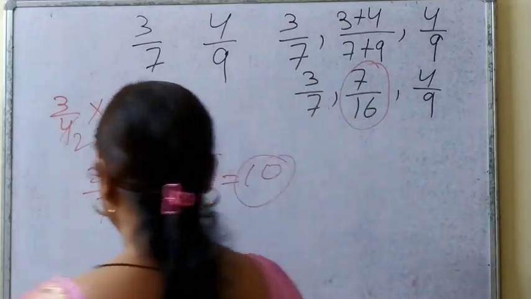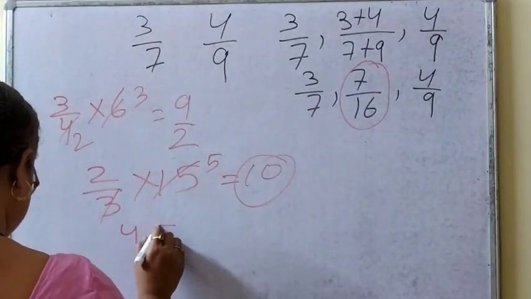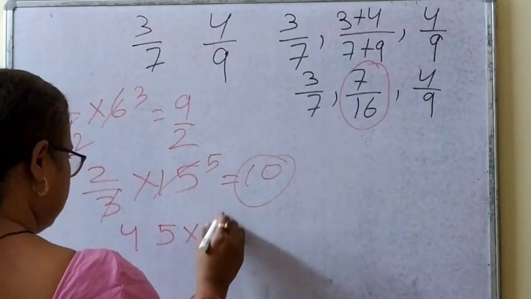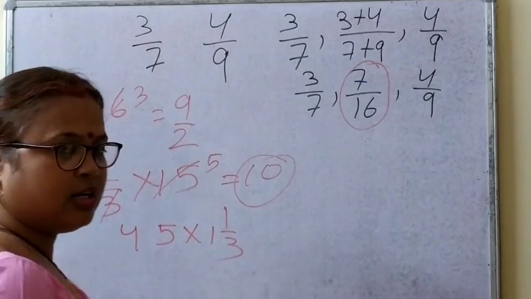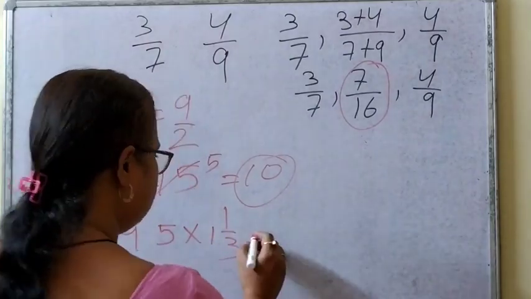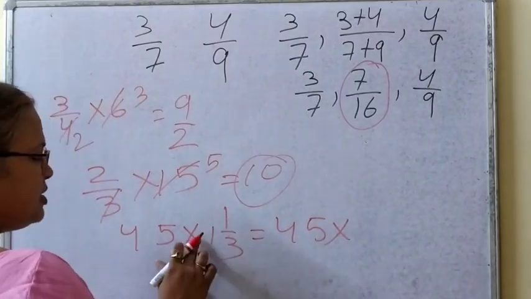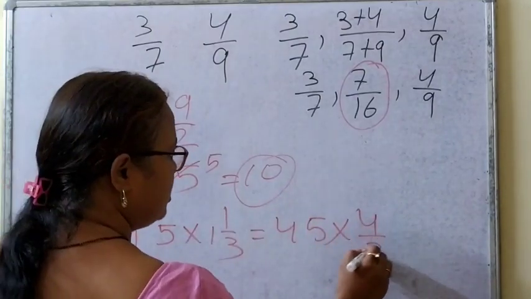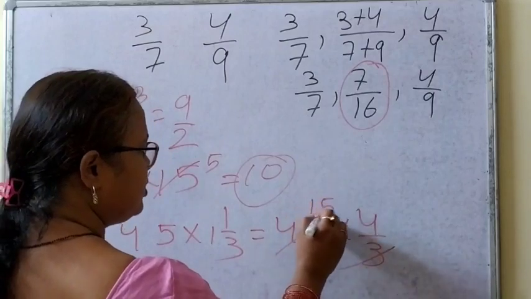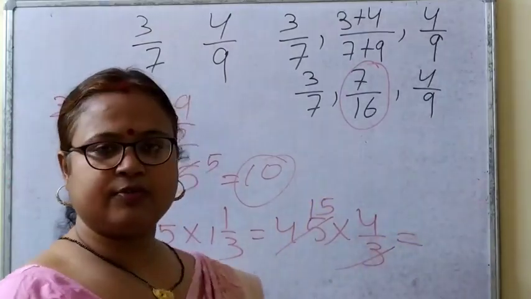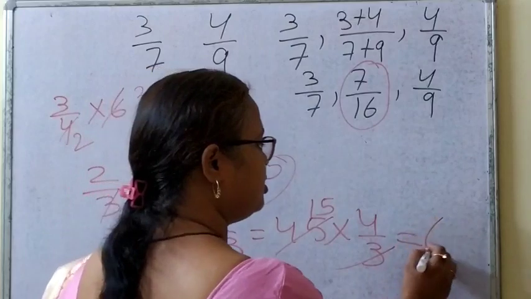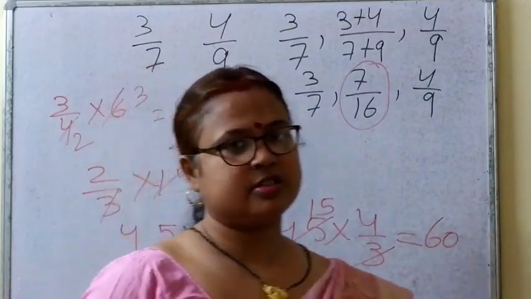Okay. Now next, if 45 is multiplied with 1 by 3, what answer will you get here? So you know 45 into 1 by 3 means what? 3 ones are 3, and 45 divided by 3 is 15, and you know the table of 15. So 15 fours are 60. So the answer will be 60.